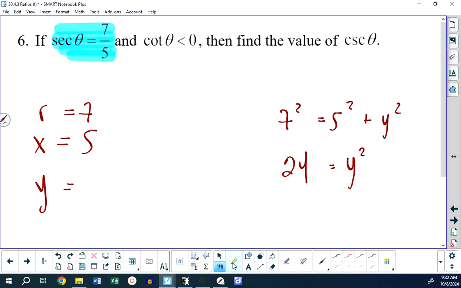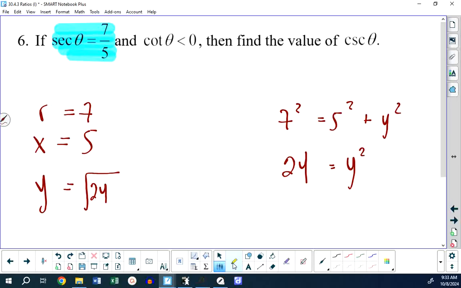Okay, that means that y is root 24. Or is it? It's not. Hunter, why not? And this is a little subtle. Oh, okay, we'll get to that. We can write it as 2 root 6. But even if we did, this is not right.